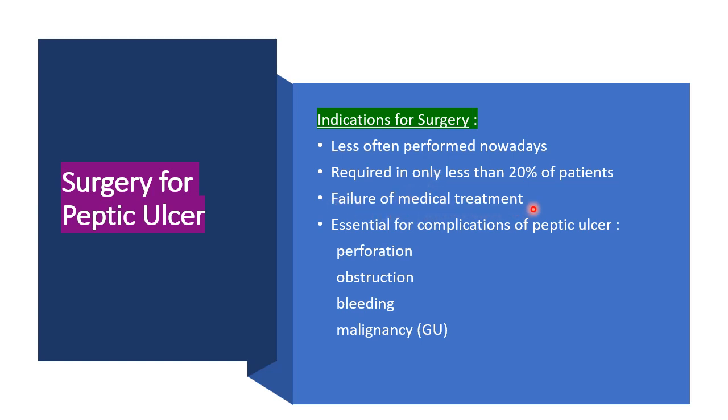The present regime of treatment for peptic ulcer is very effective. As a result, surgery becomes less necessary. Complications of peptic ulcer usually treated surgically are perforation, gastric outlet obstruction, bleeding from the duodenal ulcer, and malignancy in gastric ulcers.